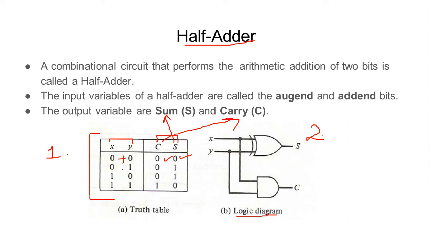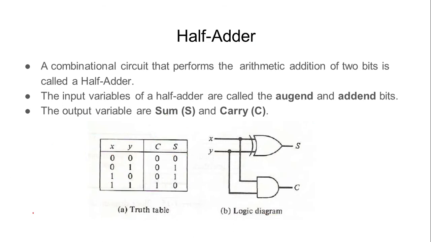When 0 is added to 1, 1 is the sum and no carry is generated. When 1 is added to 0, the result remains the same as the previous output. Then 1 plus 1 yields 0 as the sum and 1 as the carry. So I think we can all easily relate to this point, how we are able to generate these sum and carry values.